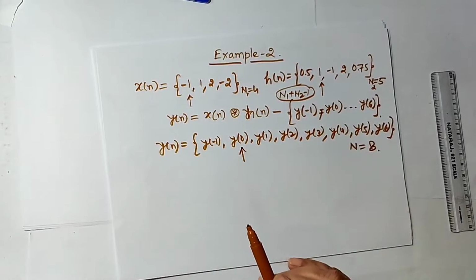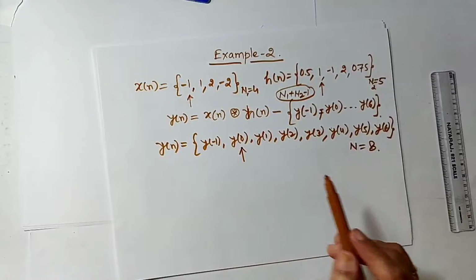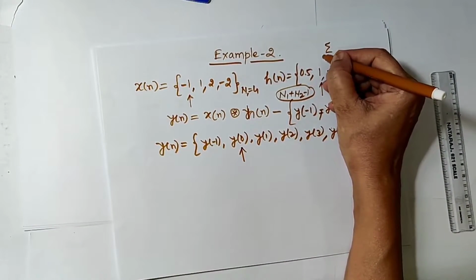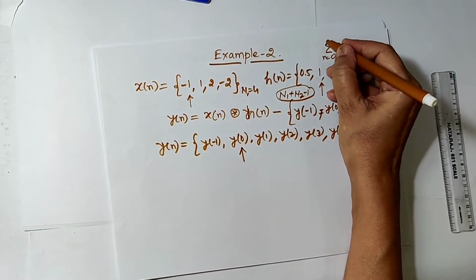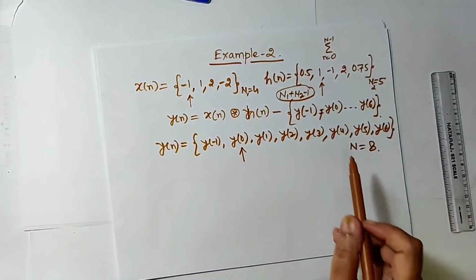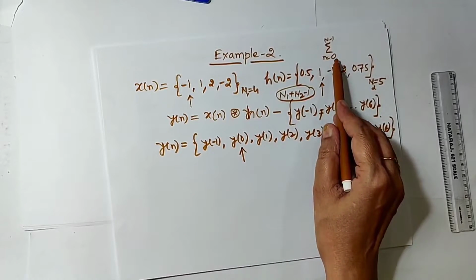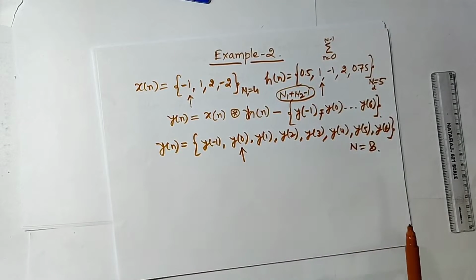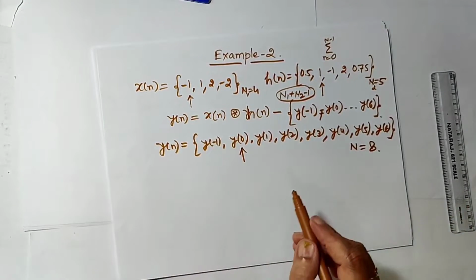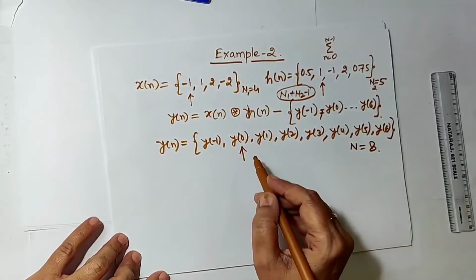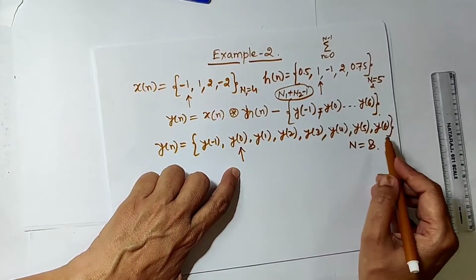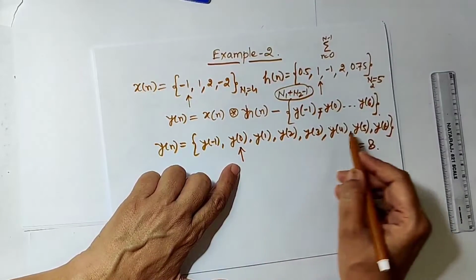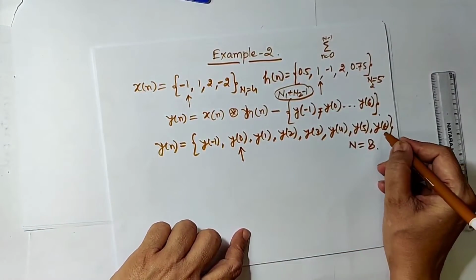Because we know by the circular convolution definition that we take the limit with n equal to 0 to n minus 1. And here one sequence is not starting with n equal to 0, it is starting with minus 1. In this case, the whole response sequence will be from 0 to its full length, till y6.